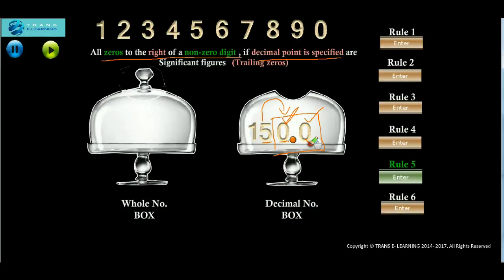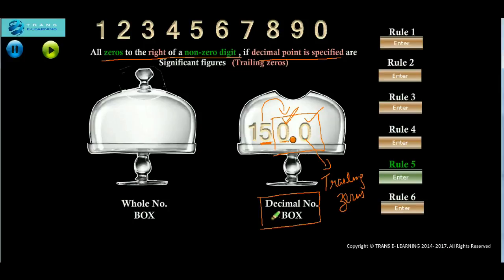That means these zeros are considered as trailing zeros because they have some non-zero digit in front of them. So these zeros are trailing zeros, and they are considered significant as per the rule 5, in case decimal point is specified, that means in case of decimal number. So this was rule 5.